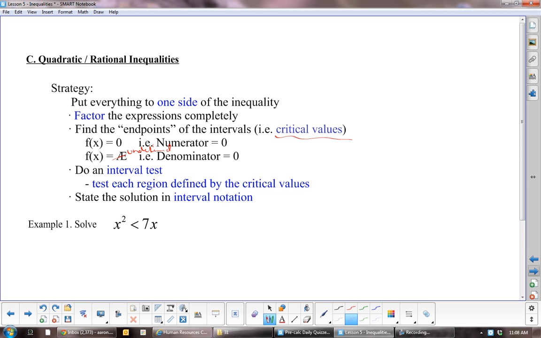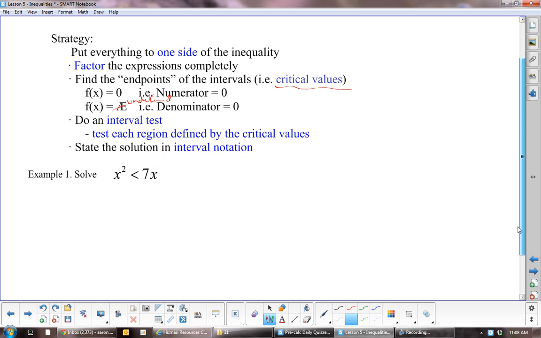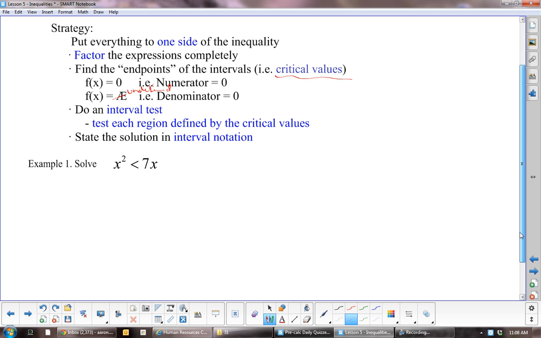You do an interval test, then you test each region defined by the critical values, and then we're going to state the solution in interval notation. So we are finally starting calculus thinking here.